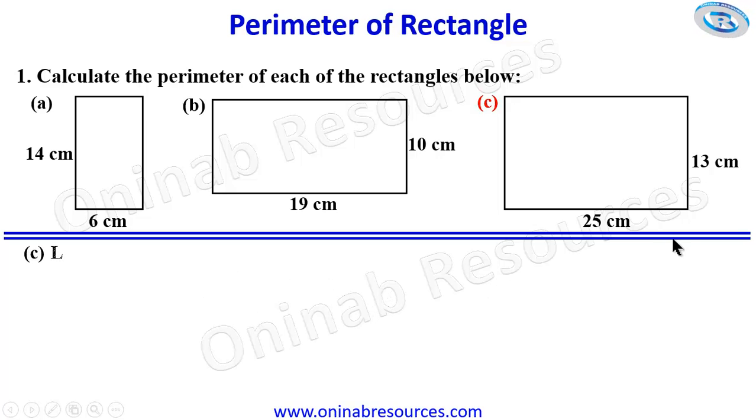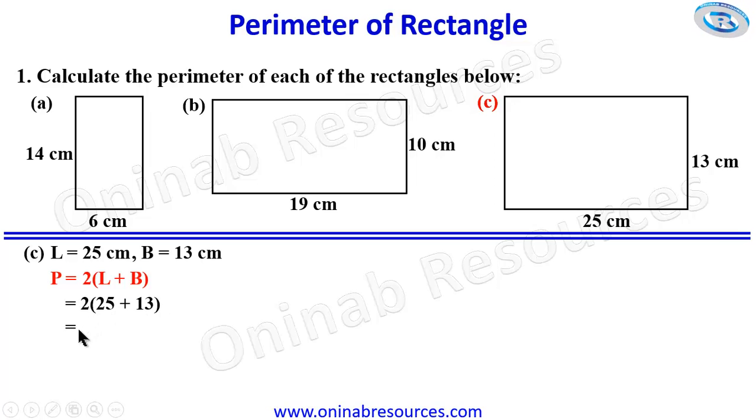For C, the length is 25 centimeters and the breadth is 13 centimeters. Our perimeter still remains the sum of the length and the breadth multiplied by 2. So we now have 2 into (25 plus 13).